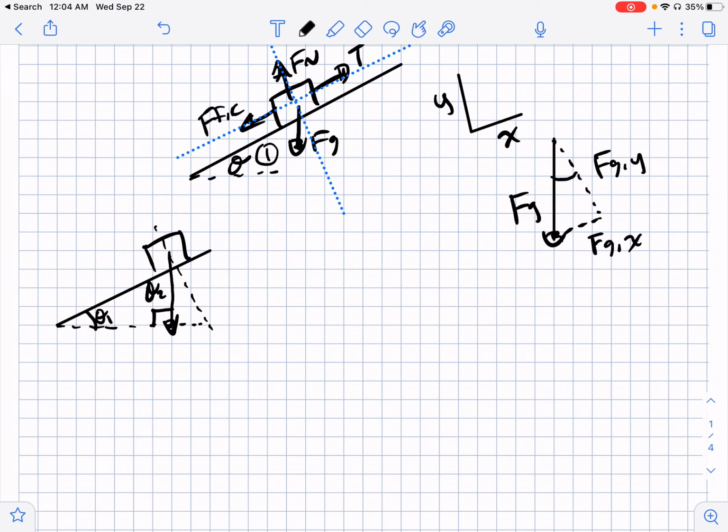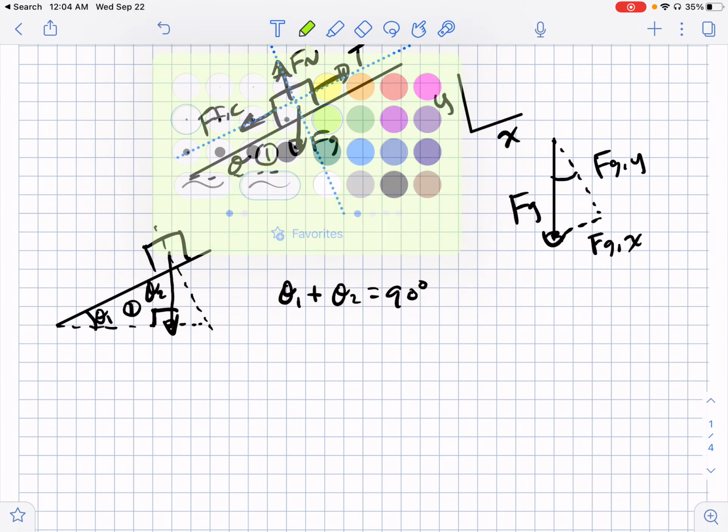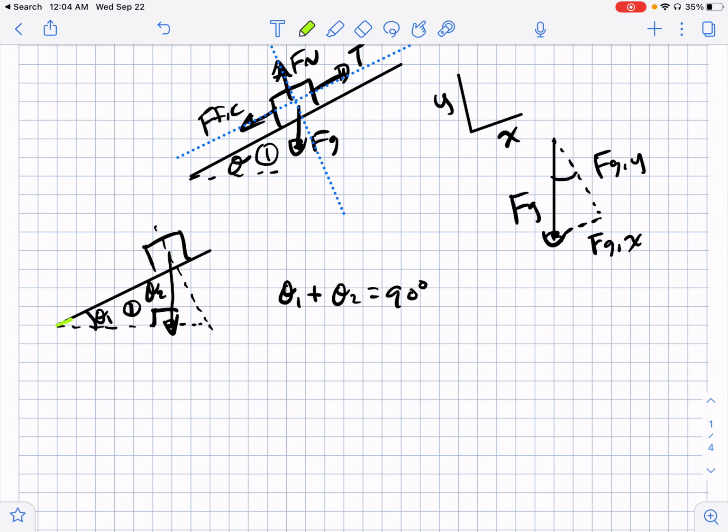Looking at this first little triangle right here, we know that theta 1 plus theta 2 would have to equal 90 degrees, right? Because this is a 90-degree angle here. Now let's switch colors and look at this triangle.